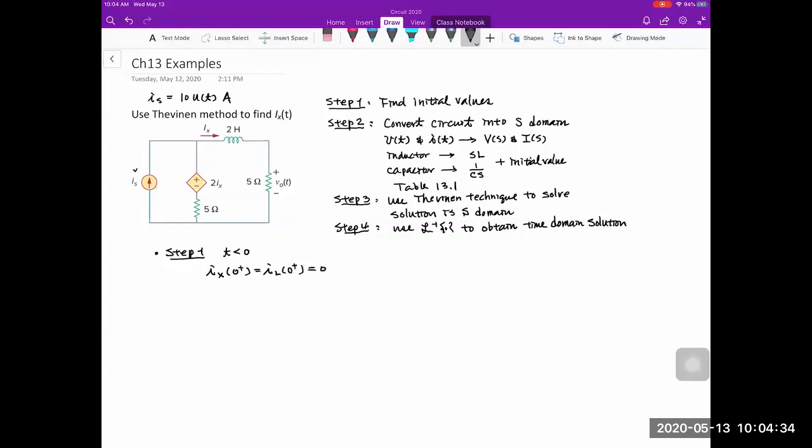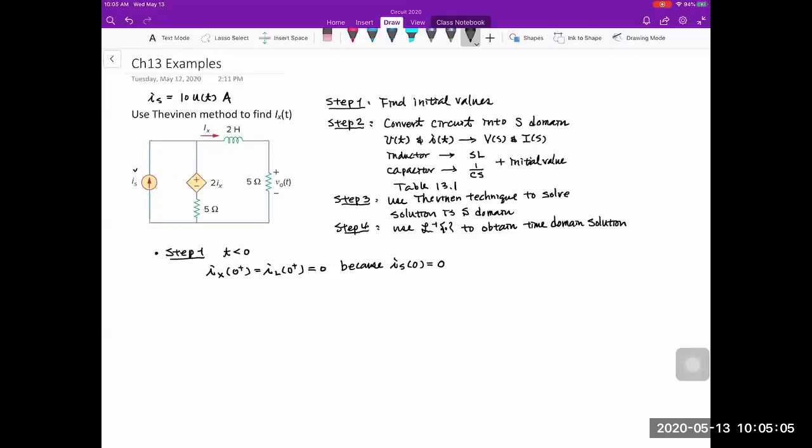And at time 0 minus and 0 plus, they are going to be the same because this is an inductor. An inductor cannot change its current instantly. So right at the beginning of time, the inductor is going to have 0 current, which means there's no energy stored in the inductor. All right, so that's the first step.